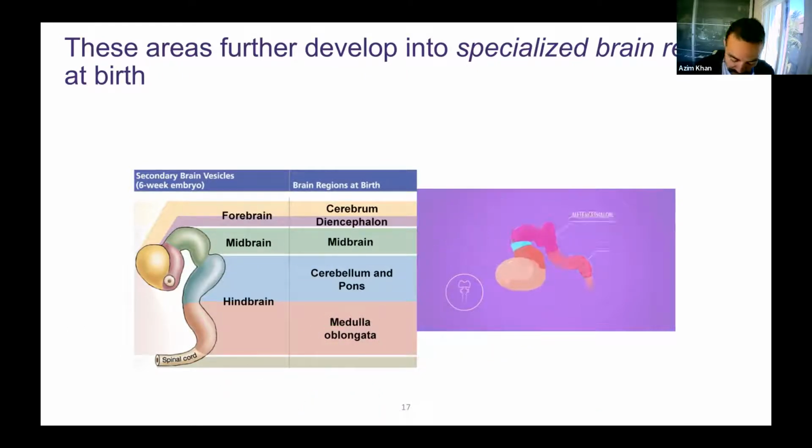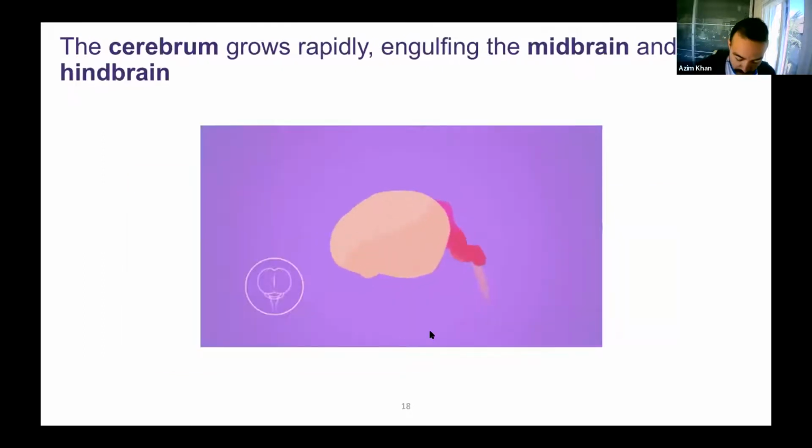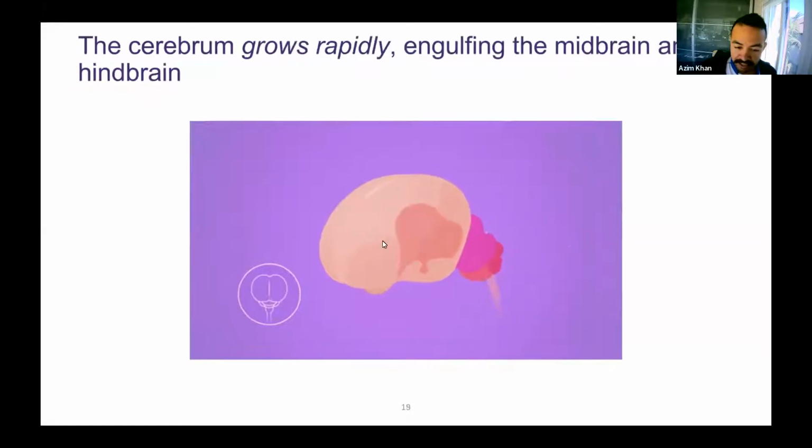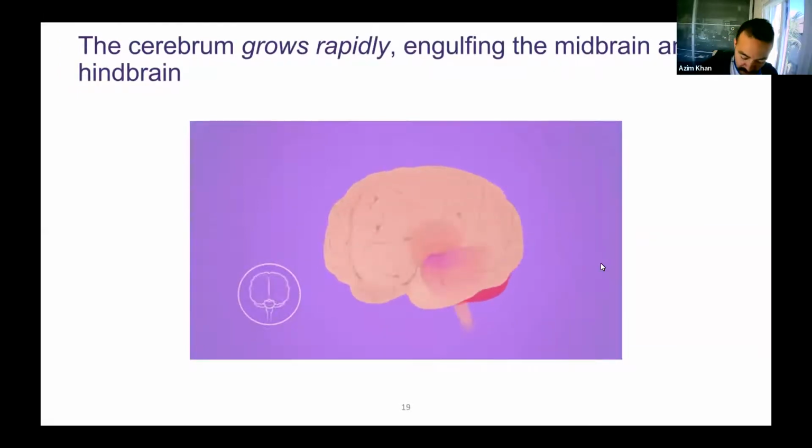So once again, forebrain gets even bigger, especially the cerebrum. Cerebrum gets even bigger. It gets so big that it starts enveloping the diencephalon. It gets so big that it starts to wrinkle, starts folding in on itself.